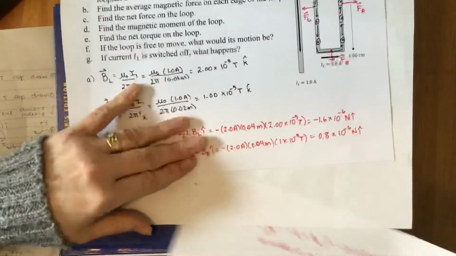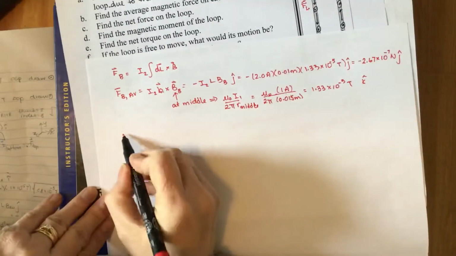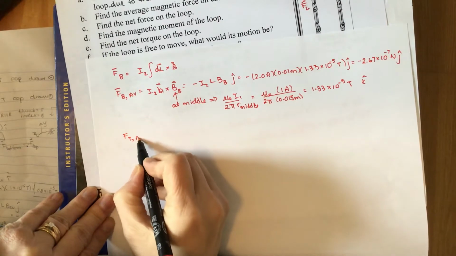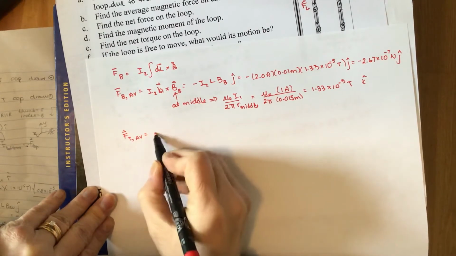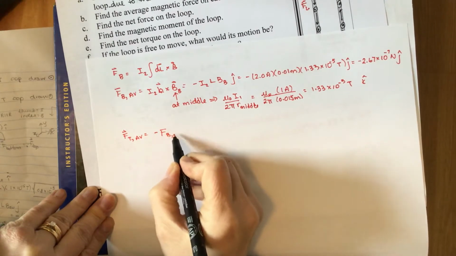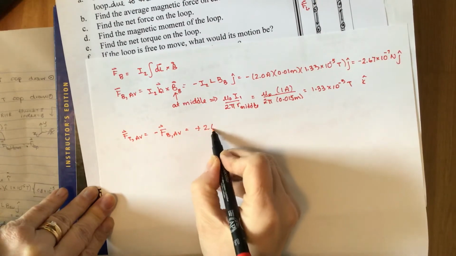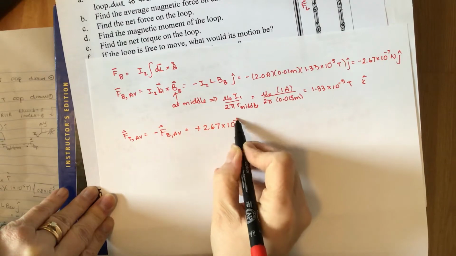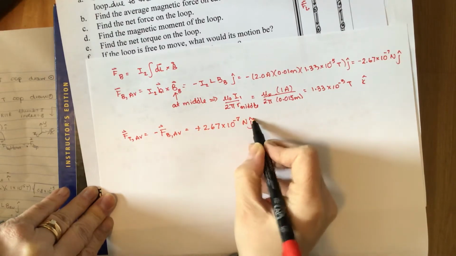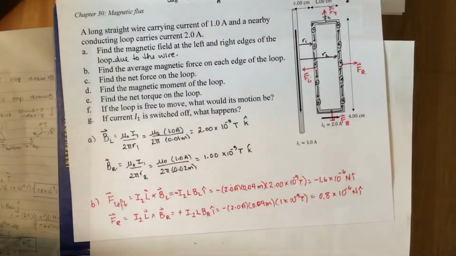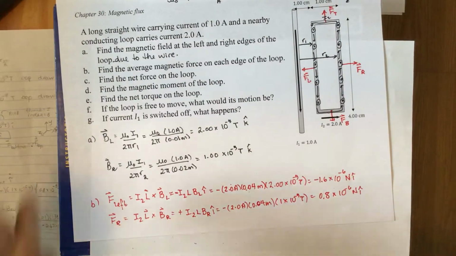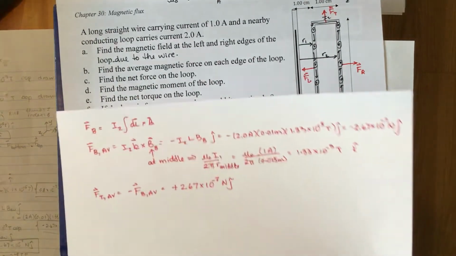So your force on your top average equals minus force bottom average equals plus 2.67 times 10 to the minus 7 newtons j hat. Okay, so the force on the top is equal and opposite the force on the bottom. That's due to the symmetry of the situation.